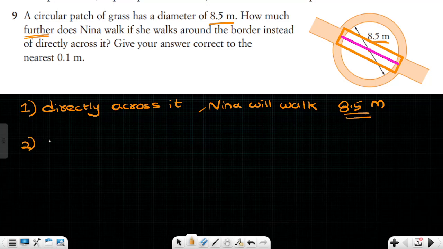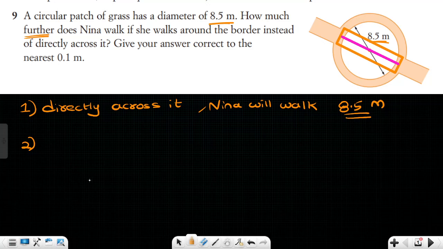Now the second one. If she walks around the border, should we take the semi perimeter or the full perimeter?